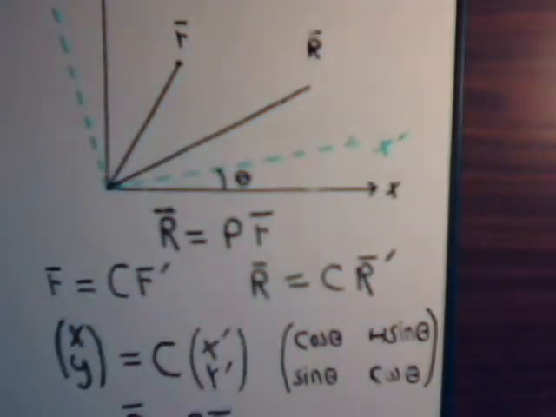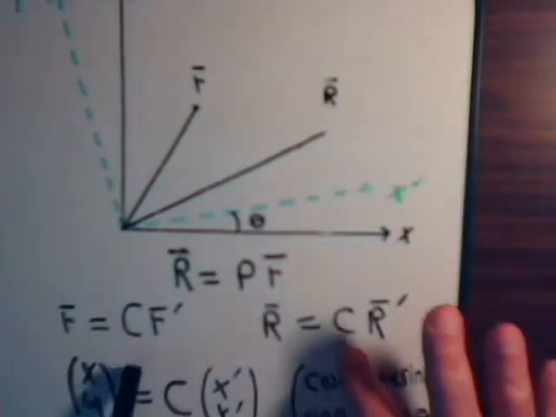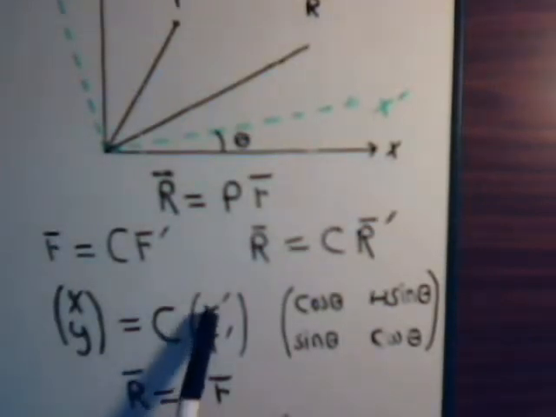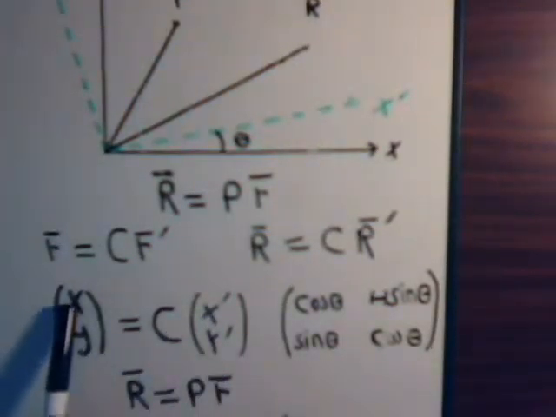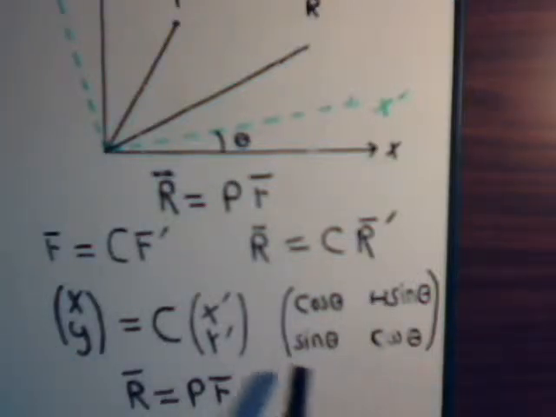And as we derived in video 28, with this type of setup, the matrix C that transforms an x prime, y prime into an xy point, that matrix C is this. We derived that, I think it was in video number 28 or video number 29.